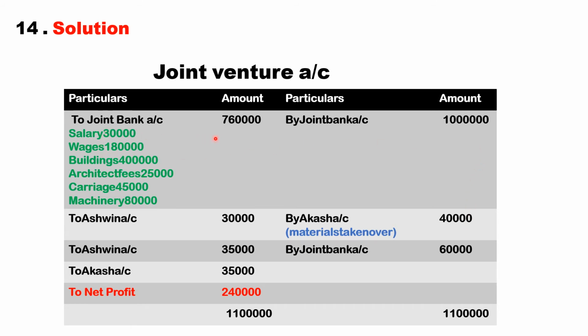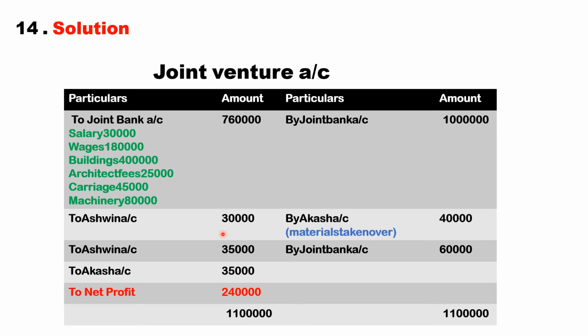To joint bank, total expenses 7,60,000. What are the expenses paid by cash? Salary, wages, building, architect fees, carriage and machinery. All these six items are being paid by cash. So you write to joint bank account 7,60,000. Next to Ashwin, 30,000. So Ashwin is to be paid 30,000 towards the remuneration.